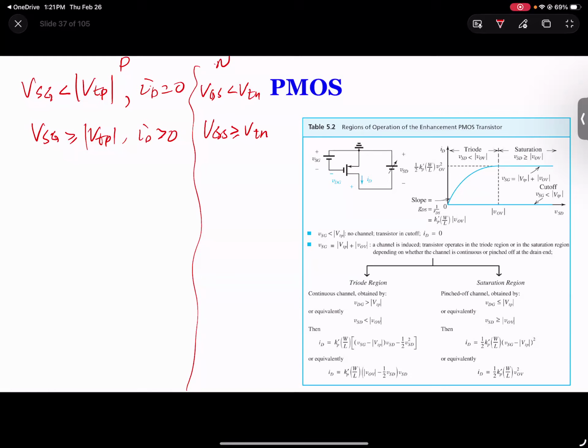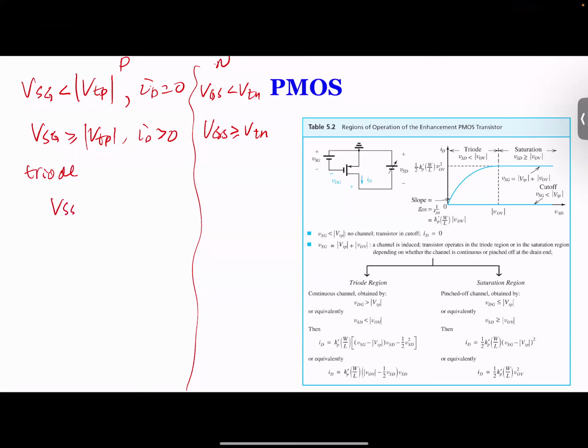So in the triode region, you have VSG, you have VSD. Now, why VSD? Because here we have DS. So from here to here is VSD, and from here to here is VSG. So everything is just flipped. Instead of VDS, we call VSD.